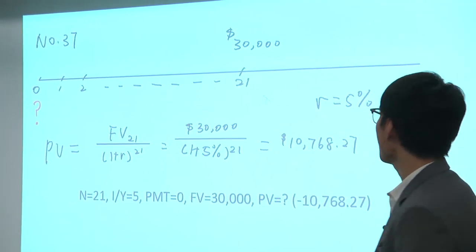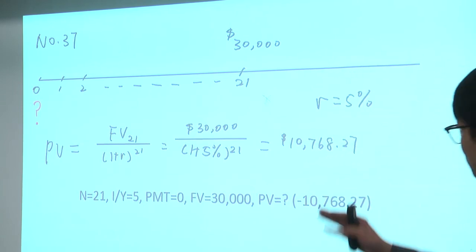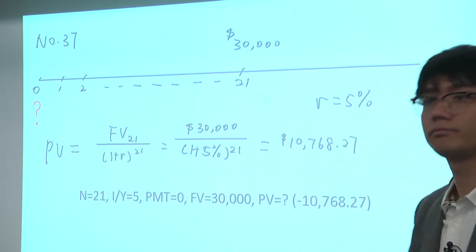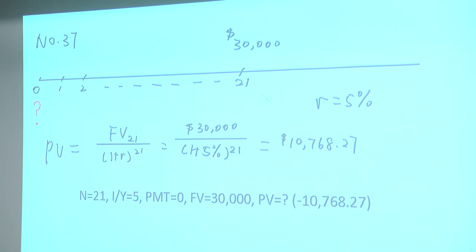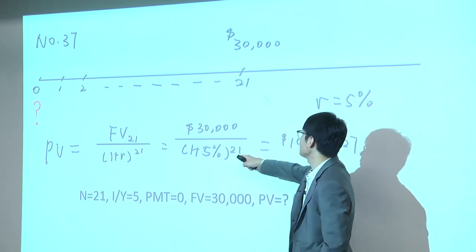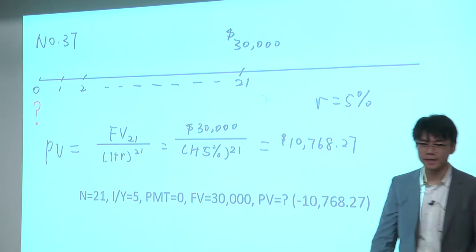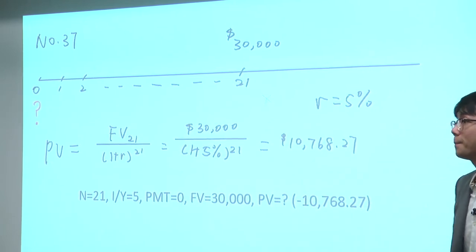To have $30,000 in year 21st, what's the amount need to be saved in year 0? What do you need to do? Discount 30,000 by 21 years. So $30,000 divided by 1 plus 5% to the 21st power, and $10,768.27 is the answer.